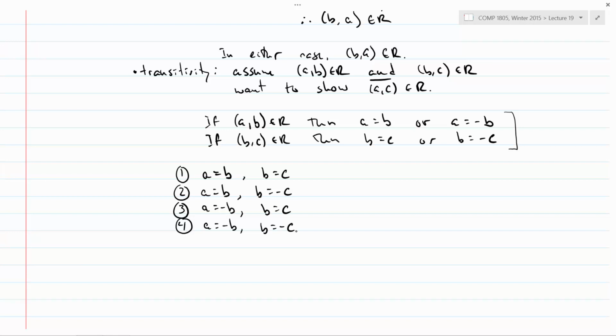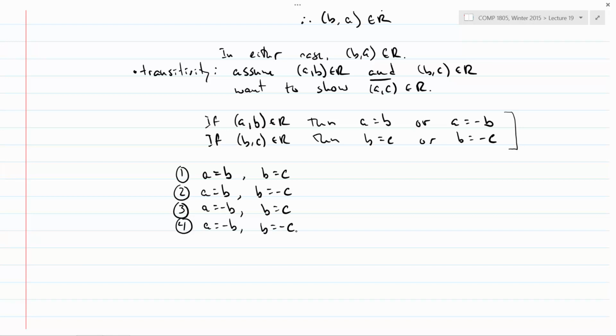They still exhaust everything. So I don't need any extra cases. I know that at least one thing from each of those 2 disjunctions has to be true. So those are all the cases that I have to cover. One of these 4 cases will definitely be true. And it could be, in case 1, for example, that B equals minus C as well. But I'm not going to rely on that fact, so I don't need it.